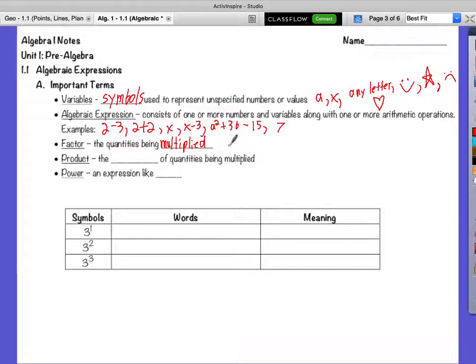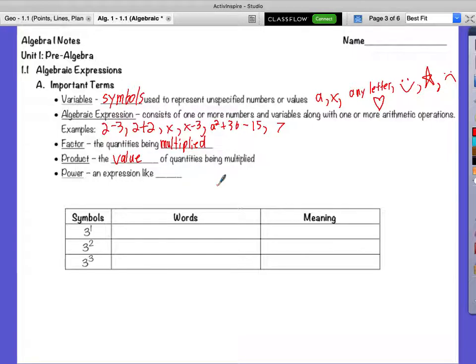So you multiply two factors, you get a product. So the product is the value of quantities being multiplied. So the value of the factors 2 and 3 being multiplied would be 6. Yes, it would be 6. Okay.